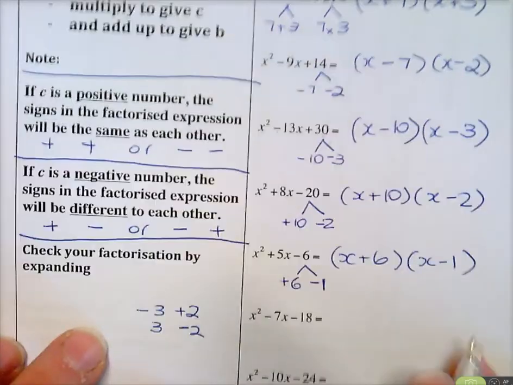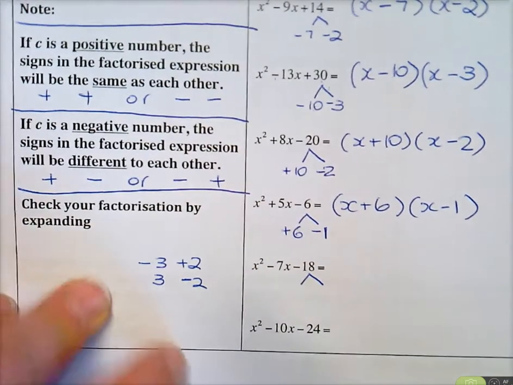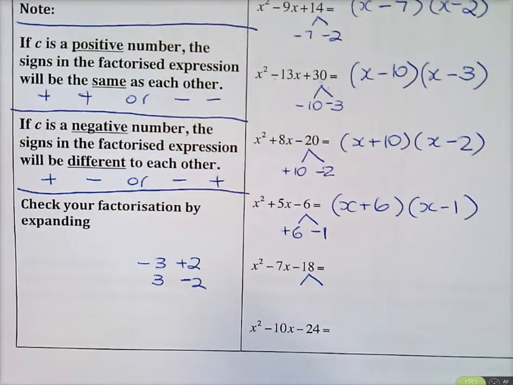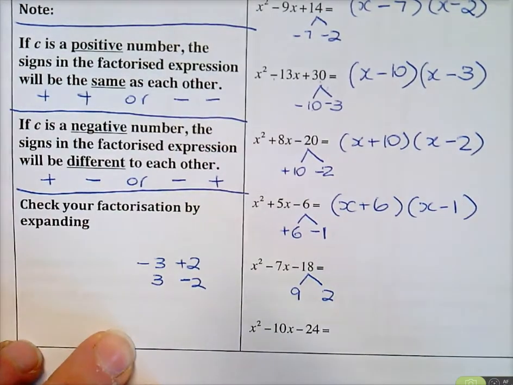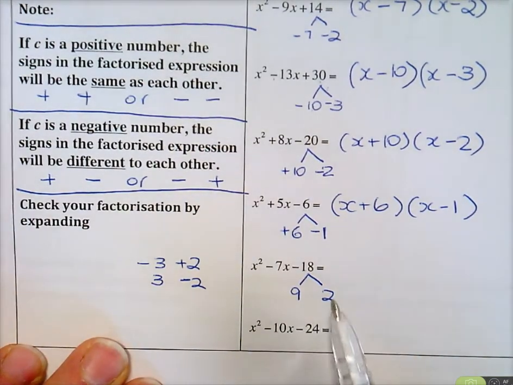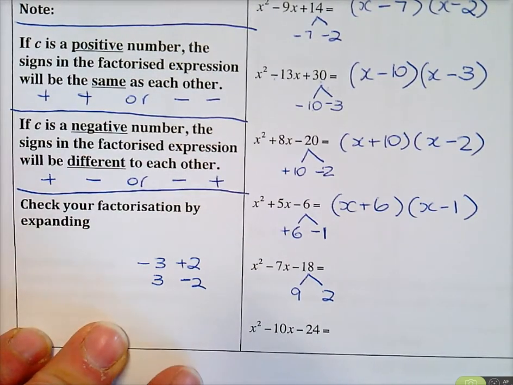The next one, 18. Think of the factors of 18, but they have to give 7. Well, 6 and 3 can give 9, or 6 and 3 can give 3. It's not that. It's got to be 9 and 2. One of them's got to be negative. See, 9 and 2 can give 11, or 9 and 2 can give 7 if you subtract.